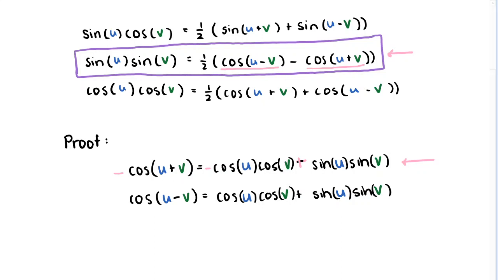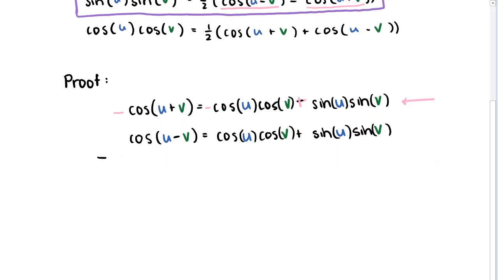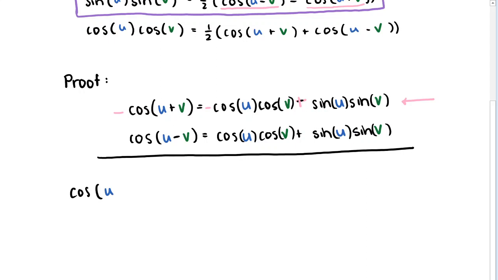Now another thing I can do is add these two equations together. If the left side always equals the right side for both of these identities, then if I add the left sides with the left sides and the right sides with the right sides, they'll still be equal. Adding the left sides, we get cosine of u minus v, and then added with negative cosine of u plus v gives us minus cosine of u plus v.